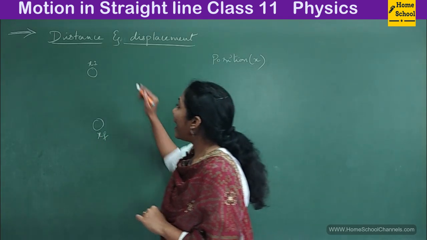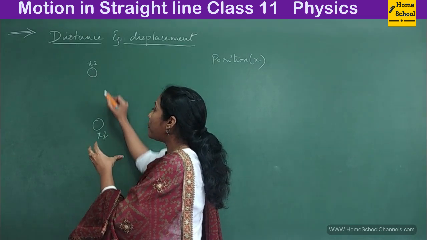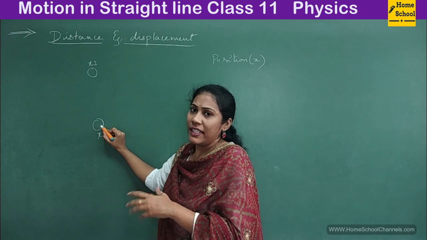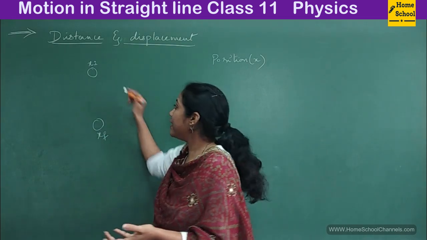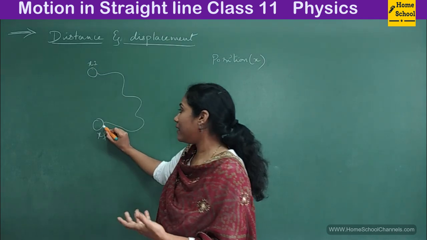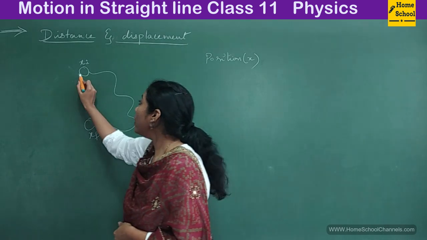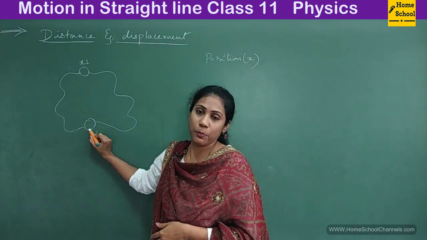How can the ball come from the initial position to the final position? It may take various routes, various paths. From here, the ball may take this path and come here, or it may take this path and come to this position.